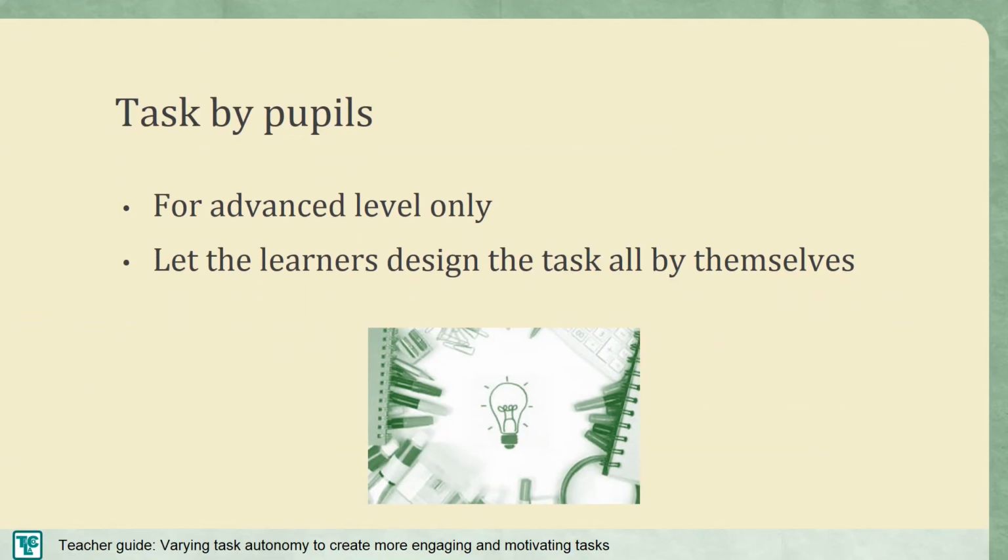The last form of task autonomy is to let the students design the task all by themselves. As said before, this is for advanced level only, for those who are already familiar with task autonomy and that are always willing to challenge themselves.